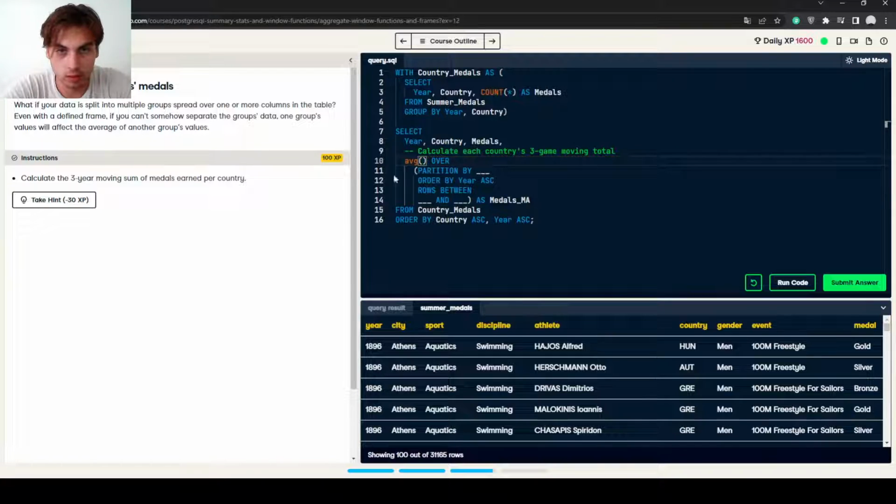Calculate 3 years. 3 years moving sum of medals. Ну, то есть medals опять, да? Medals. Partition by country. Calculate the year. Order by.